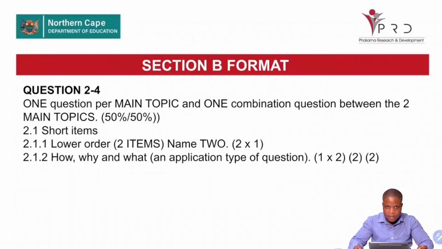Grade 12, I'm going to repeat. So on question 2, it's only macroeconomics units. On question 3, it's only economic pursuit. So before you go to the examination, already you have an idea that if you are mastering macroeconomics, you are going to answer question 2. If you are mastering economic pursuit, you are going to answer question 3. However, when it goes to question 4, it's a mixture of both macroeconomic and economic pursuit. What does this mean?